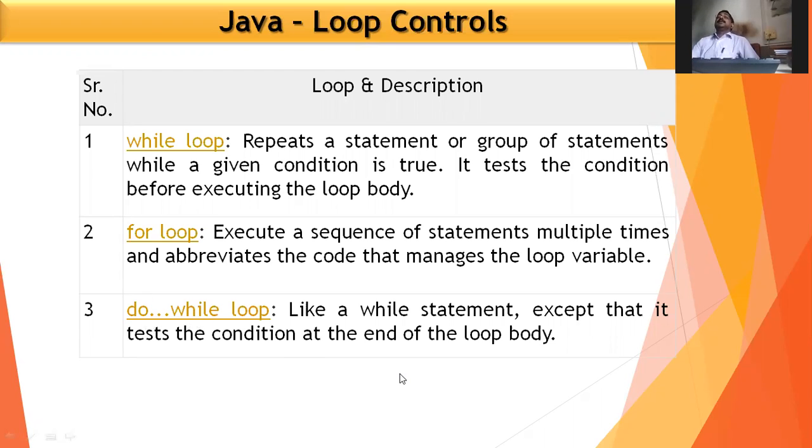So the do while statement does not test the condition at the starting point. After the loop body, the statements which are written inside the do will be executed at least once in the do while loop.